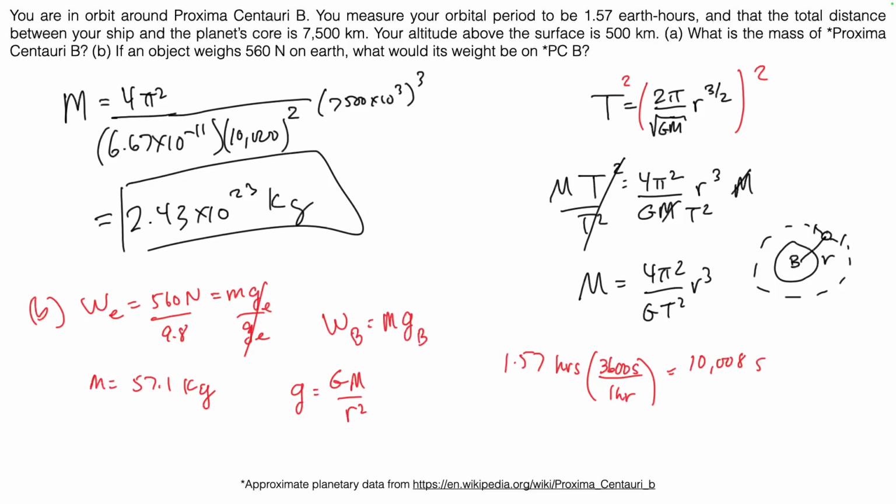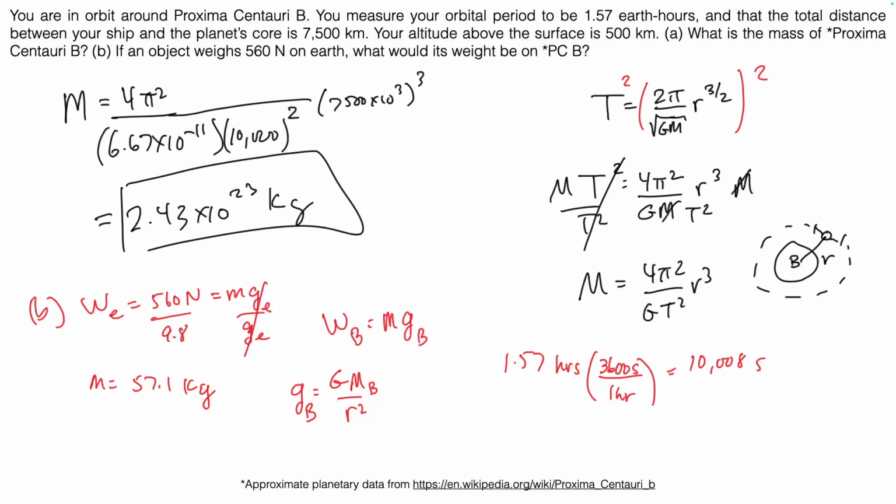And what big M is going to go into that equation? The one we found for Proxima Centauri b. If we want to know little g on the surface of Proxima Centauri b, then I want to put in the mass of Proxima Centauri b, right? And then what are we going to put in for the distance?